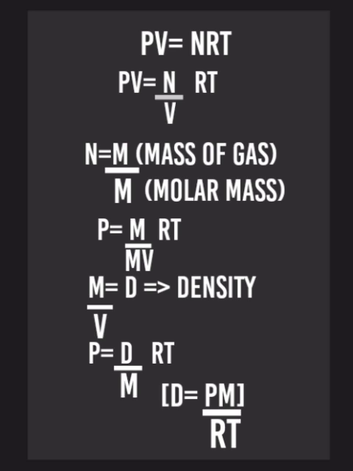This n is the number of moles, and number of moles, as you know, is given by mass by molar mass, or n is equal to small m divided by capital M. Let us substitute this value in the ideal gas equation, where P will be equal to small m RT divided by capital M into V. Now, small m by V is d, where d is the density, and density, as you all know, is mass by volume. So finally, P will be equal to d RT by M, or density d is equal to PM divided by RT.